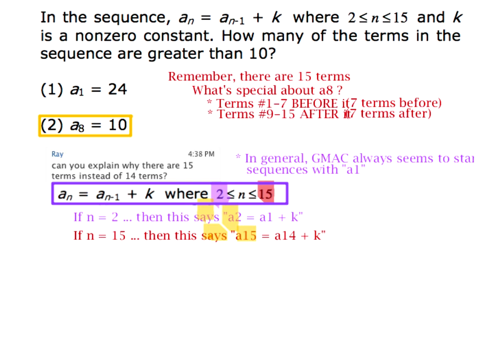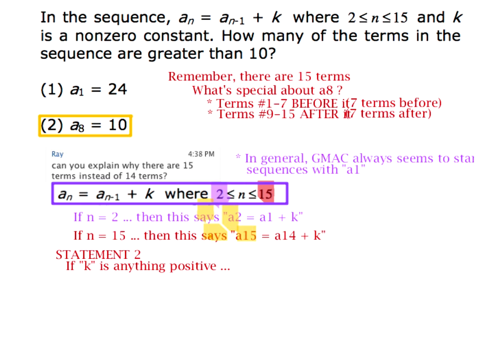So what does that mean? Well, statement 2: what happens if k is anything that is positive? What happens? Yeah, if k is anything positive, then that means your sequence goes up the whole time.